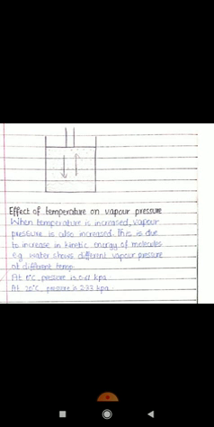For example, water shows different vapor pressure at different temperatures. At 0 degree centigrade, the vapor pressure is 0.61 kilopascal, and at 20 degree centigrade, the pressure is 2.33 kilopascal.